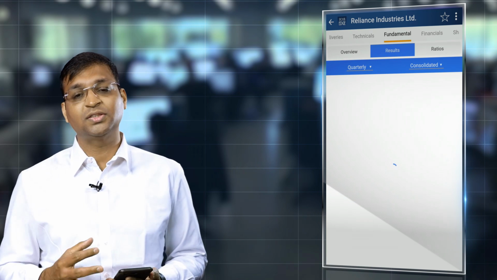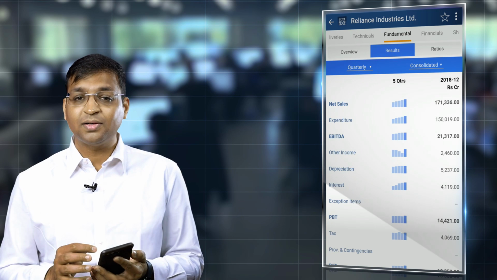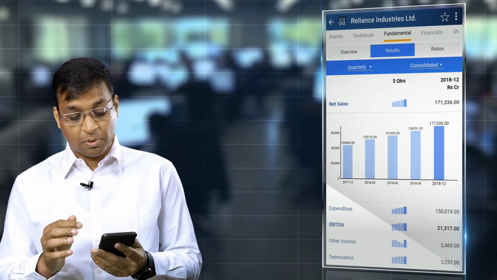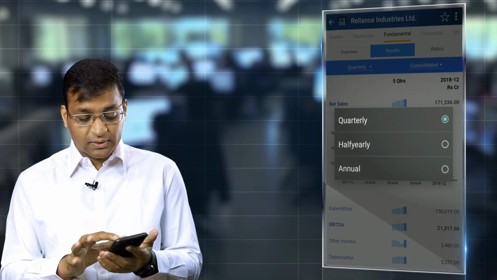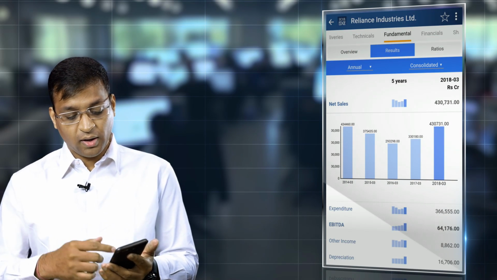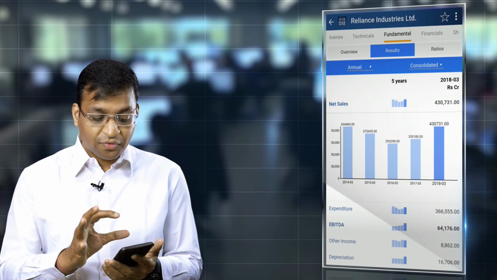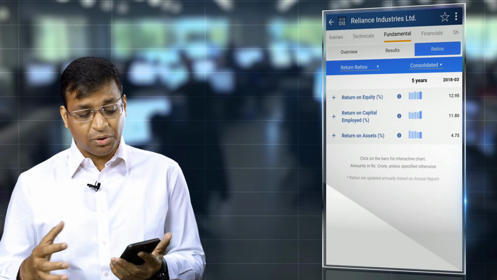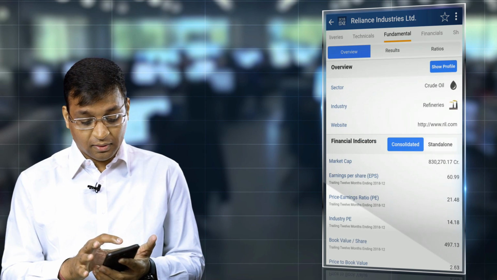Then you have the exhaustive research result tab, where you can click on any graph and you can see how the company has been performing on a quarterly basis, half yearly basis, or on an annual basis based on the profit and loss account statement. And then you can actually do a ratio analysis.